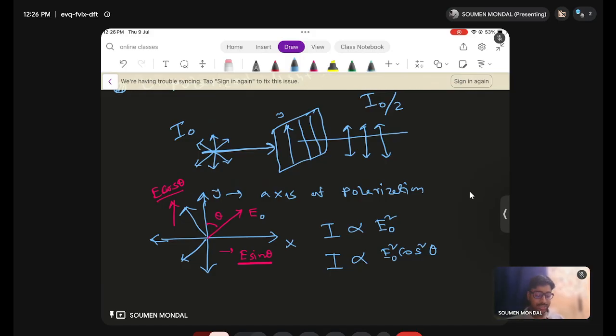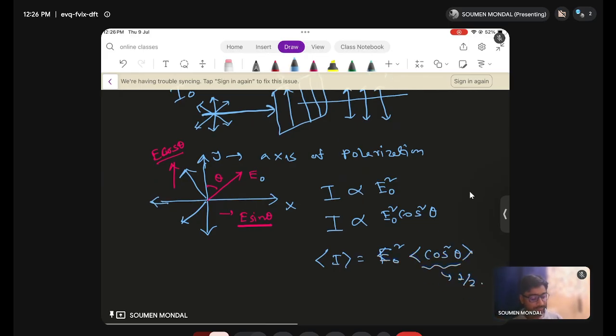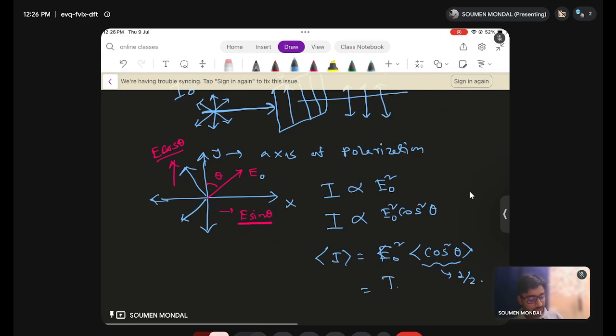We assume that all the waves have the same electric field amplitude, but their angle with respect to the polarization axis is different. Now the average intensity you are going to get is E naught squared times the average of cos squared theta. You are already aware that the average of cos squared theta and sin squared theta is a half, and this is our I naught by 2.